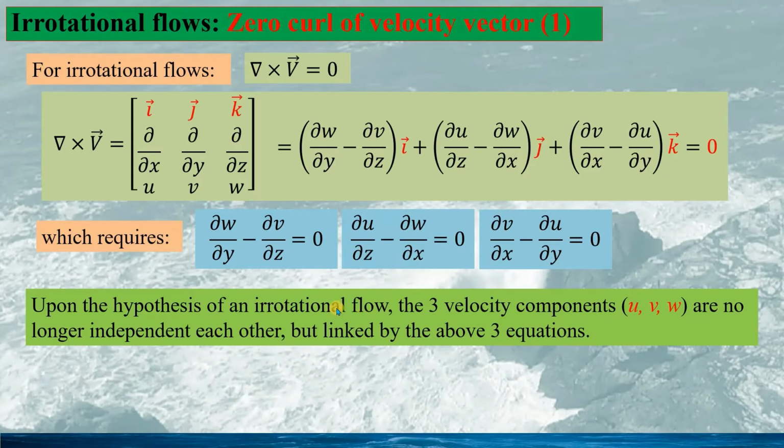Here we can also see, for three velocity components u, v, and w, we have three equations. Can we say these three equations are complete for these three velocity components? To answer this question, we will see the irrotational flow in the 2D case in the next slide.